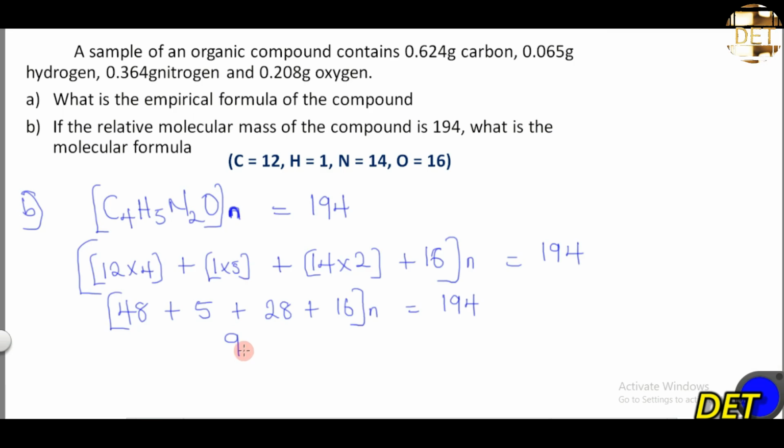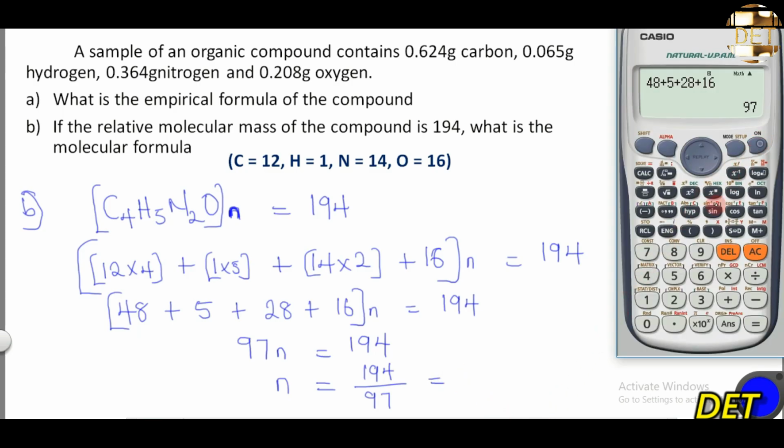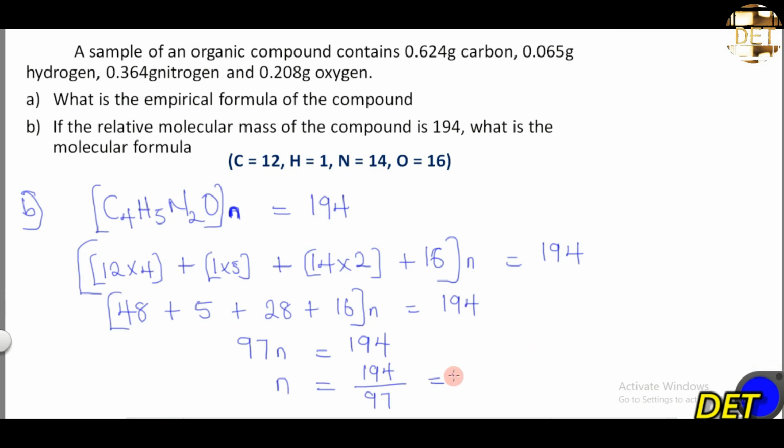So I have 97 times this N equals 194. To look for the value of N, I will have to divide both sides of the equation by the coefficient of N, which is 97. So N is equal to 194 divided by 97, which is equal to 2.